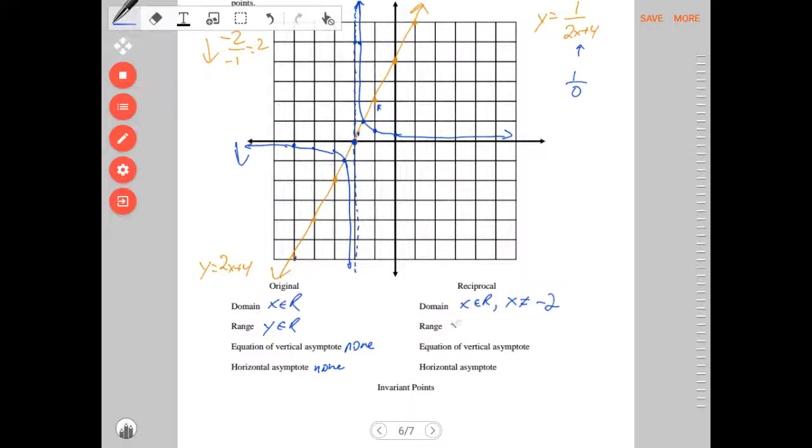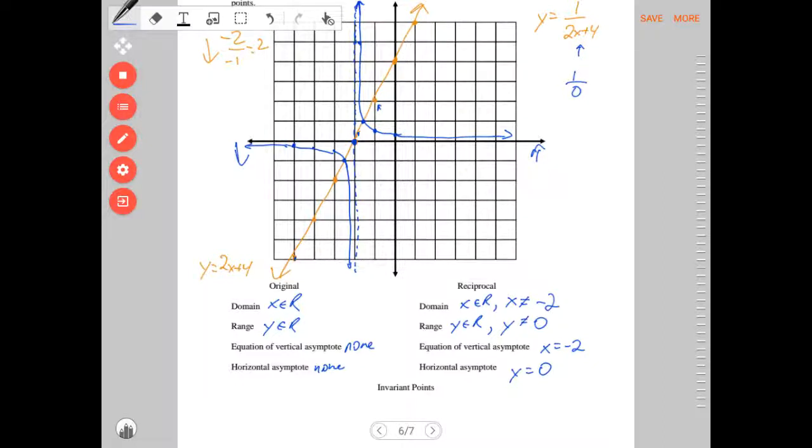The range is y is an element of the reals, except y can't be 0, since it's still the x-axis. The equation of the vertical asymptote is x equals -2. That's the vertical line passing through x is -2. And the horizontal asymptote was still y equals 0, or the x-axis.